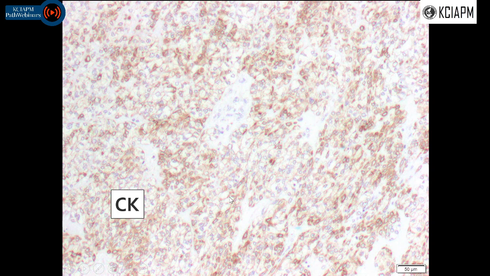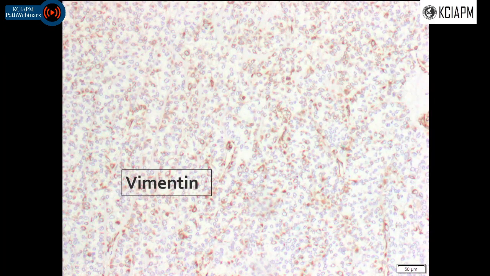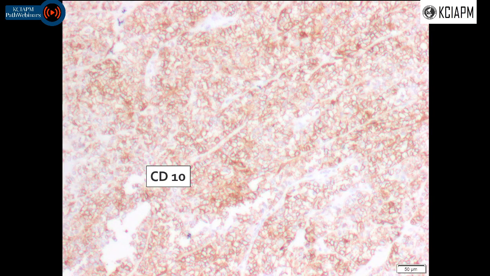The CK is positive in this case, which is not very strong, but does say that many of the clear cells are still empty. They are not stained. Vimentin is positive but weak. But CD10 is positive, because one thought that crossed my mind at that moment is, is it metastatic from the kidney, CD10 being positive?